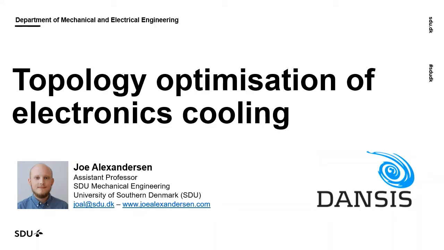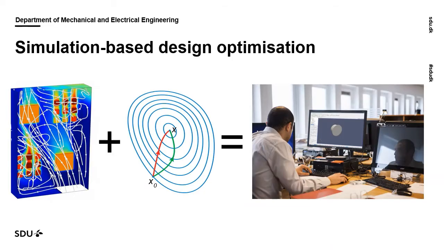What I will be talking about today is using a computational design tool called Topology Optimization for design of heat sinks for electronics cooling. My research work falls under the title of what I call simulation-based design optimization.